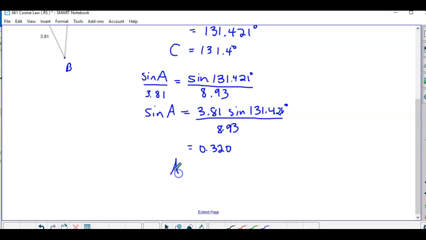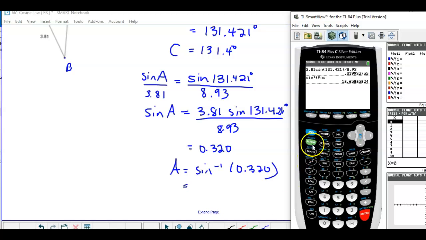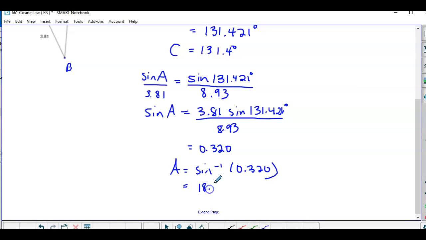And then A is inverse sine. But don't use the 3, try to use more decimal places. That's just sort of for recording. And then 18.659 degrees, which rounds to 18.7.